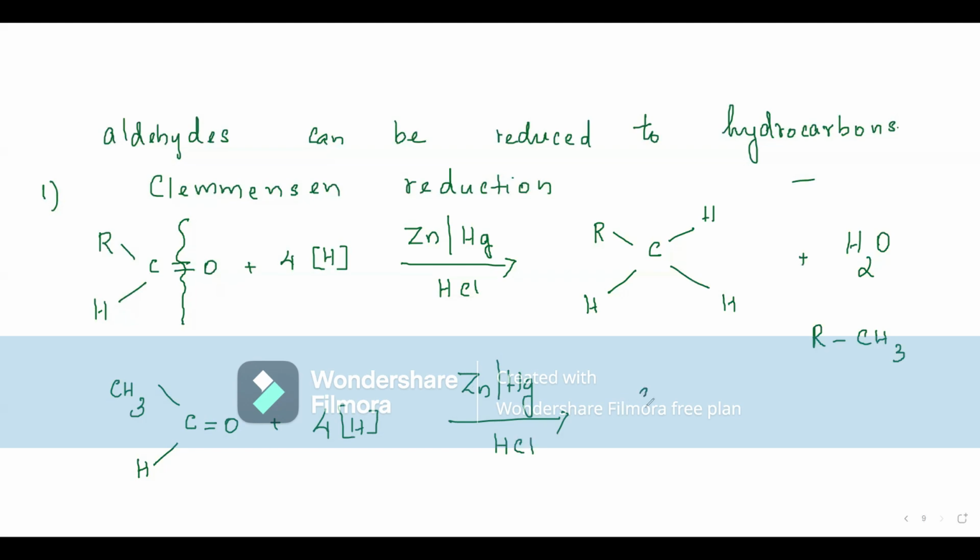You will be getting CH3-CH3 along with water. So CH3-CH3 is ethane. Therefore, the aldehyde is converted to ethane directly using a zinc amalgam in concentrated HCl, and this reaction is called Clemmensen reduction, a very important named reaction.